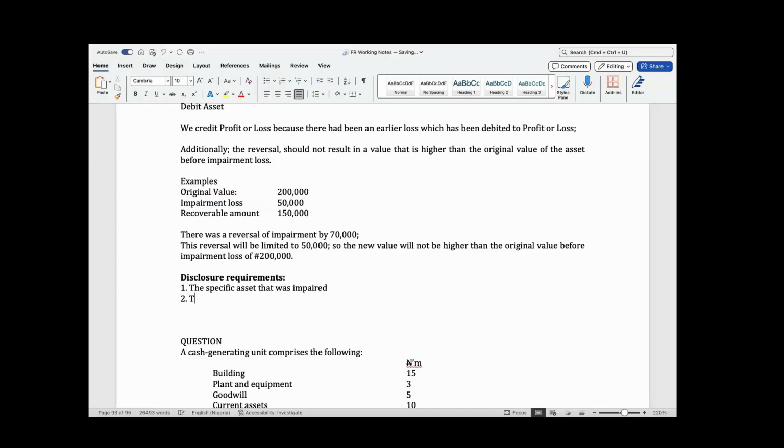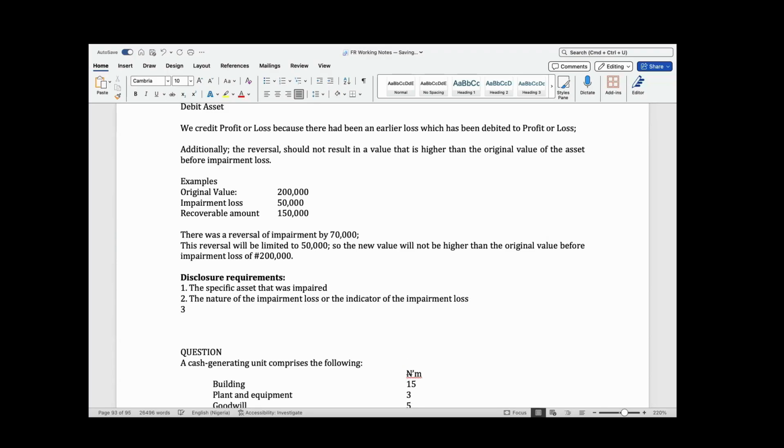And you need to tell us the nature, what caused the impairment, the indicator you saw, what prompted the impairment loss. We need to know.